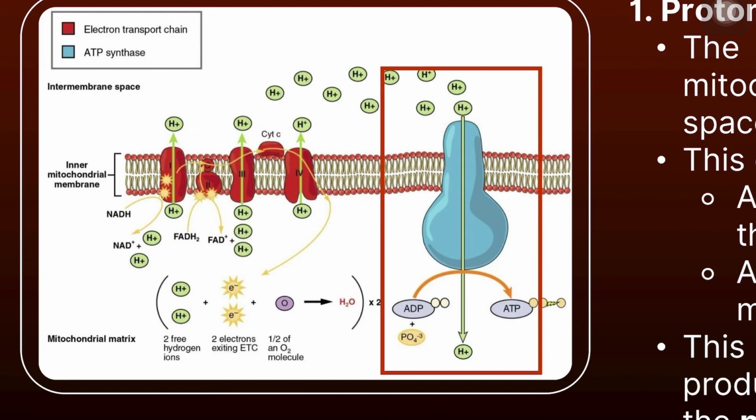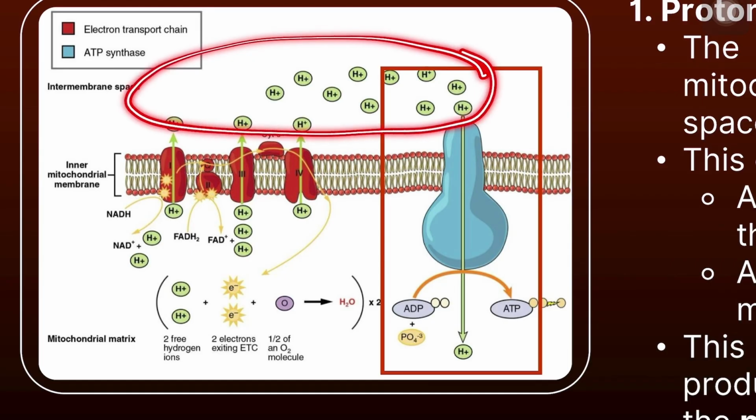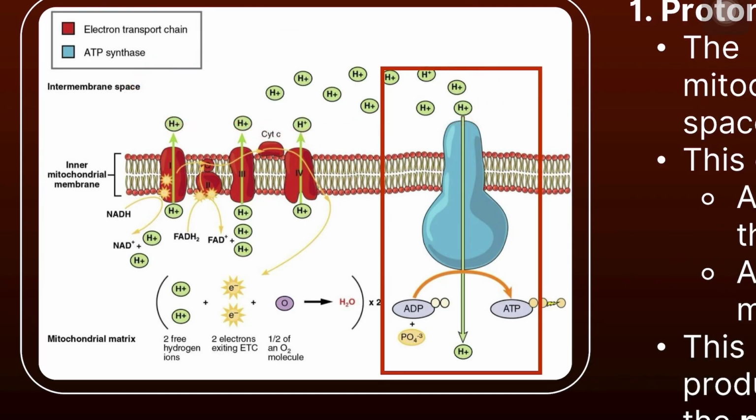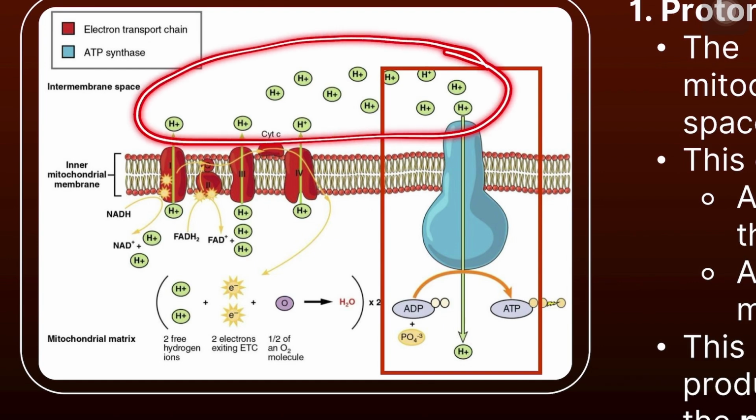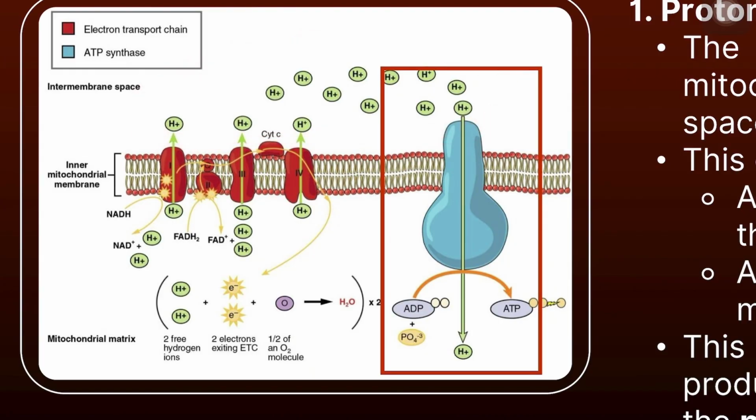As a result, the intermembrane space has a high concentration of hydrogen ions, which are acidic. And the matrix has a low concentration of hydrogen ions, and it is more basic.